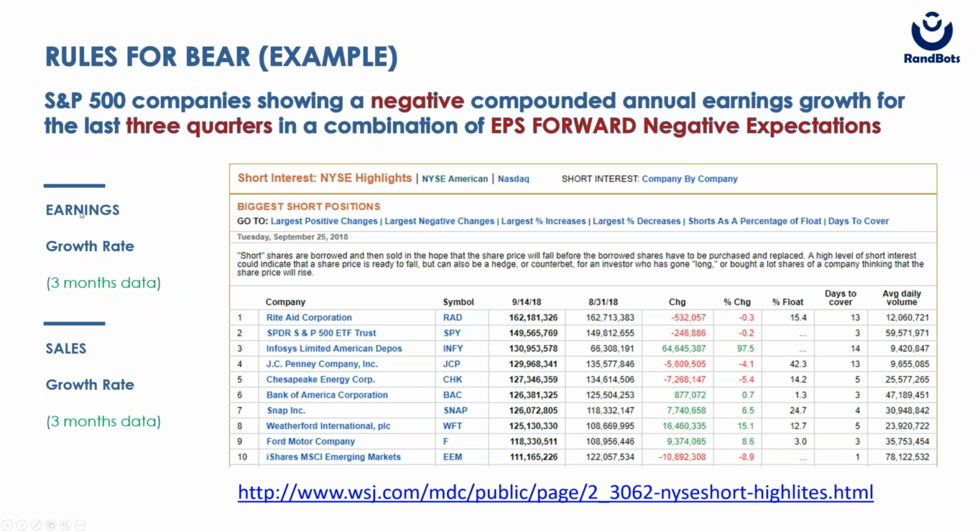The same way I looked for earnings to be positive or sales to be positive, I look for the negative compounded annual earnings in the last 3 quarters. This is for negative. And most of the time, these stocks are normally the biggest short positions in the stock market.